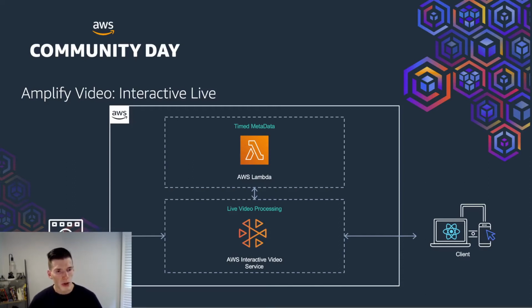So this interactive video service has been built off the backbone of Twitch.tv. For people that are familiar with Twitch, you know what I'm talking about. For people that are not familiar with Twitch, it's one of the largest live streaming sites. And we'll be using that backbone to create this new managed service and managed offering.